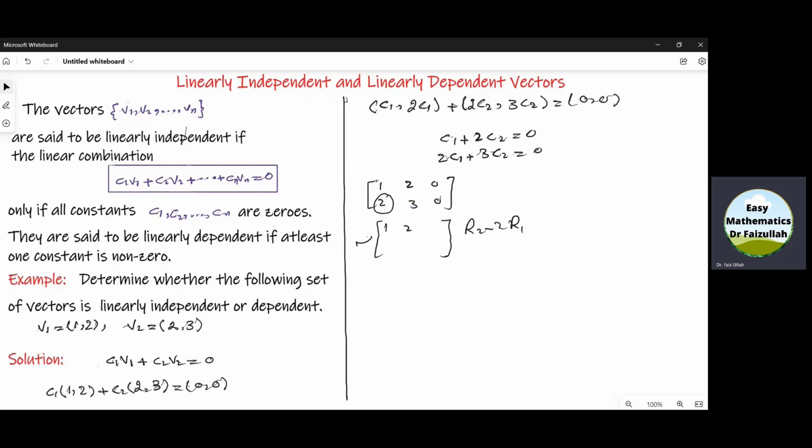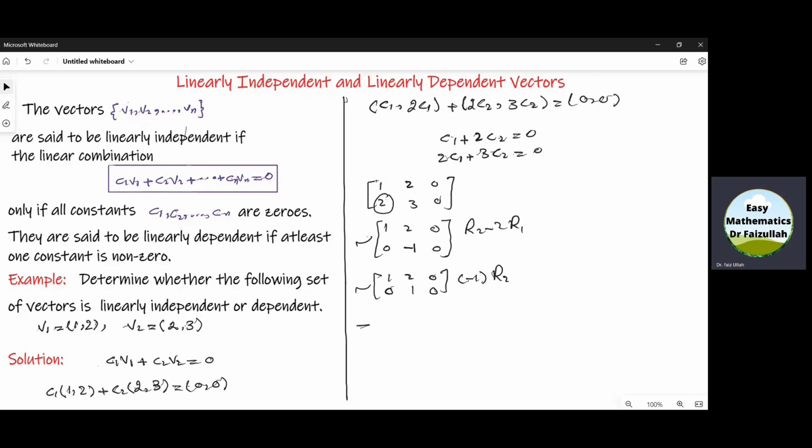We get 1, 2, 0. Now this one is 0, this is minus 1, and this is 0. In the next step, we multiply row number 2 with minus 1. So we get 0, 1, 0.